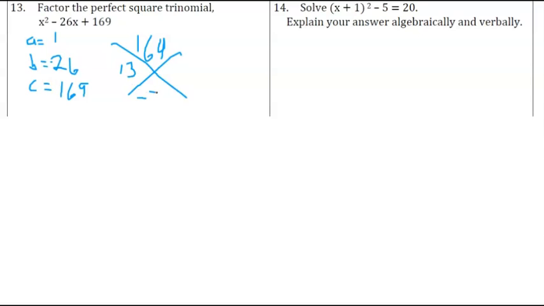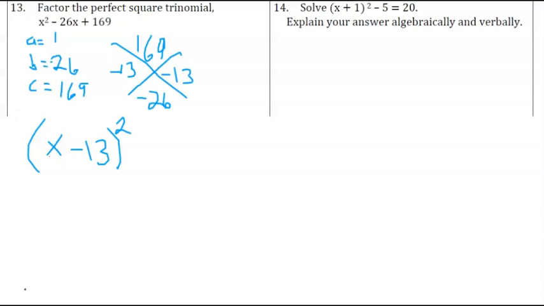And we want to get negative 26, so it's going to be negative 13s. Negative 13 times negative 13 is a positive 169, and negative 13 plus negative 13 is negative 26. So we just have x minus 13 squared. The multiplicity is 2 because it's the factors repeated twice.